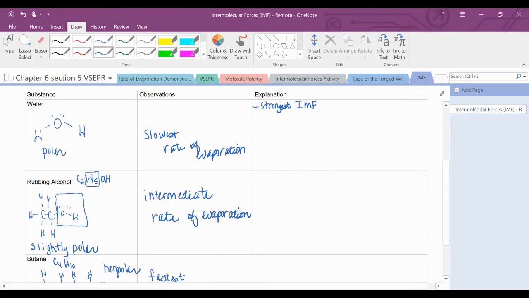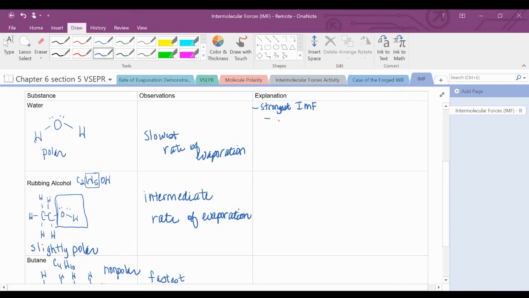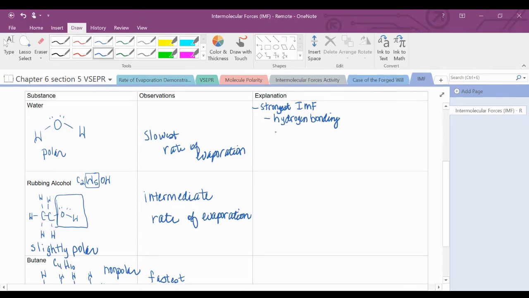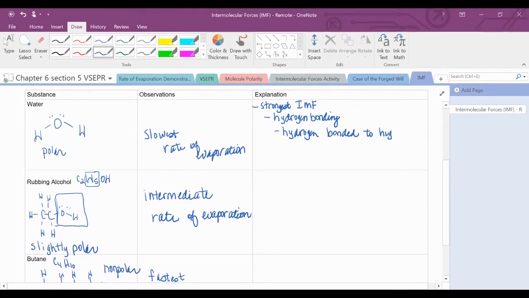And the intermolecular force that water has is called hydrogen bonding. And you can look up the hydrogen bonding definition, but the gist of this is that in a molecule, you have hydrogen that's bonded to a highly electronegative element.